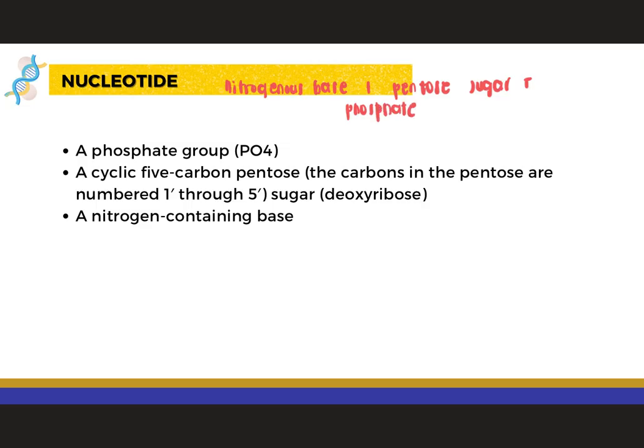As compared to your nucleoside, which is composed of nitrogenous base plus pentose sugar lang.